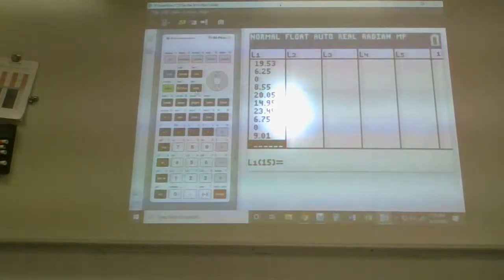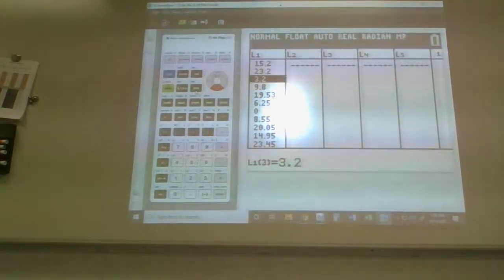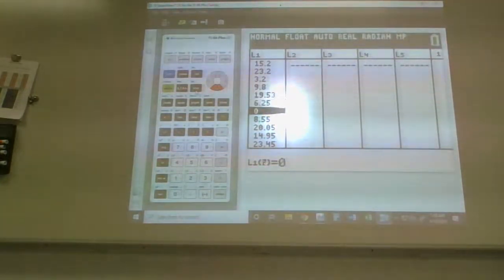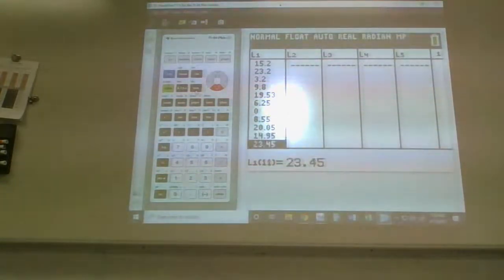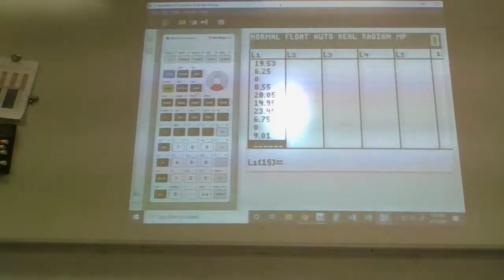I'm just going to double check real quick to make sure that all of those numbers were typed in correctly, because obviously if one of them is off, it could really throw off my results. There we go.